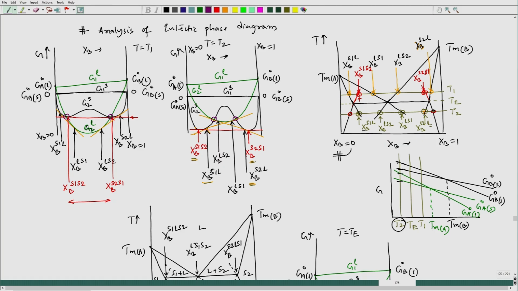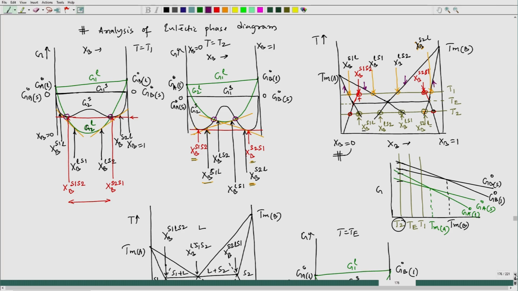You see these 2 points are lying between the equilibrium composition of solid 1 in equilibrium with liquid, and liquid in equilibrium with solid 1. Similarly, composition of liquid in equilibrium with solid 2 and composition of solid 2 in equilibrium with liquid. So, those 2 points are lying between these 2 compositions. That means it is lying in between this one and this one, this one and this one.